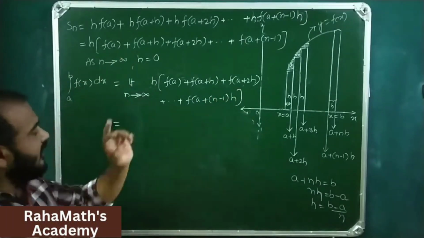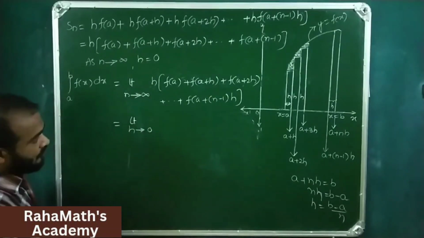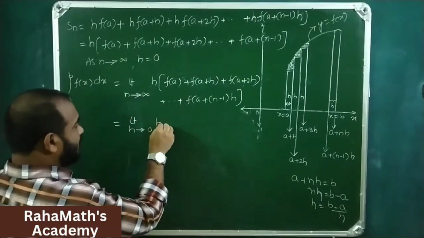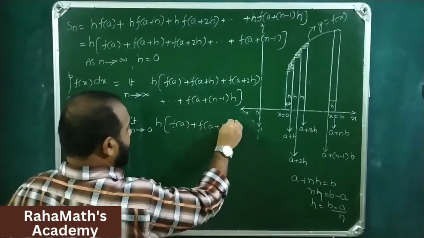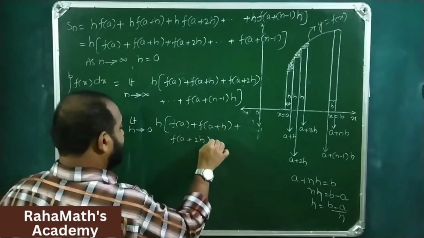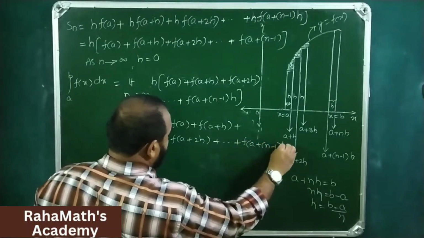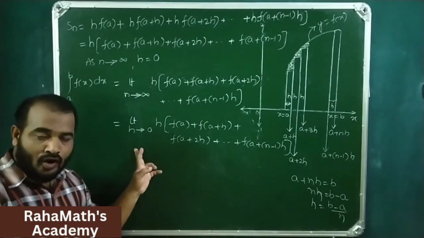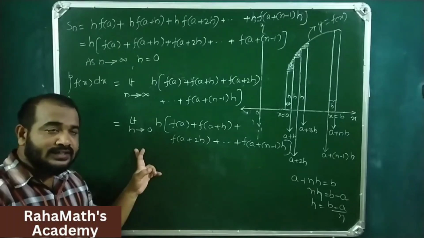So since n is tending to infinity, h is tending to 0. So what is h? b minus a by n. So h into f of a plus h plus f of a plus 2h, etc., plus f of a plus n minus 1 into h. So this is the formula for finding the definite integral as a limit of a sum.